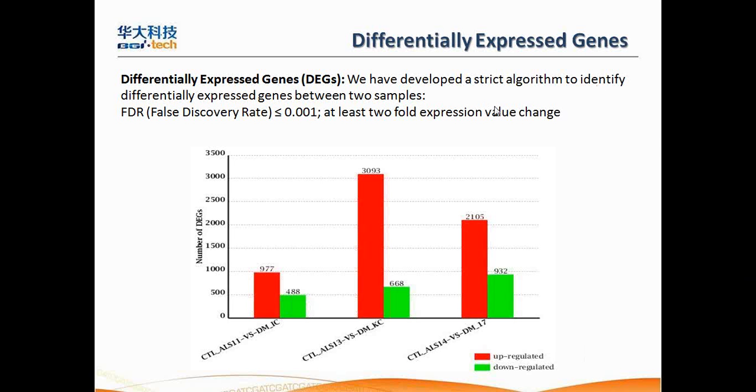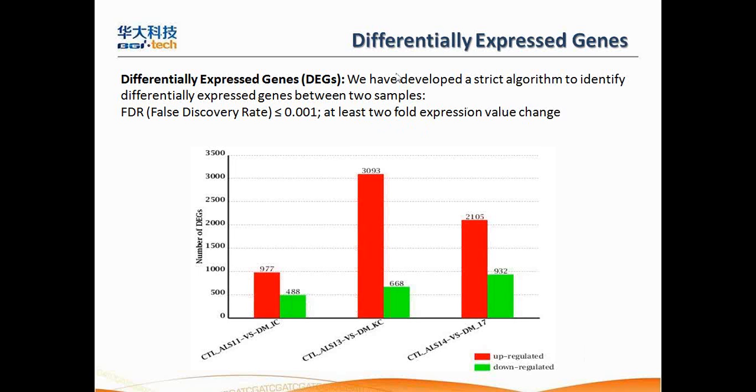So we have developed some in-house software and developed some really strict requirements to detect those differentially expressed genes. Here, normally we will use the false discovery rate, and also we would like to say there should be at least a twofold expression value change.